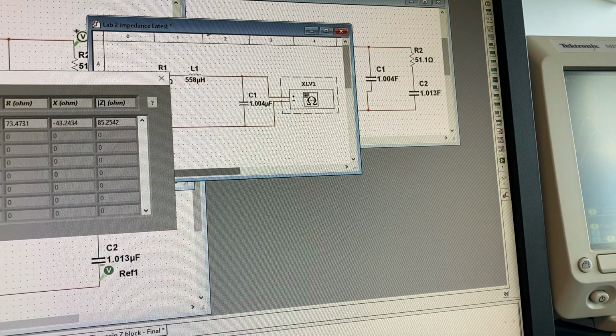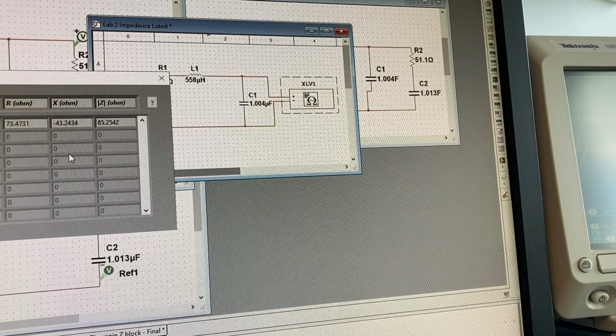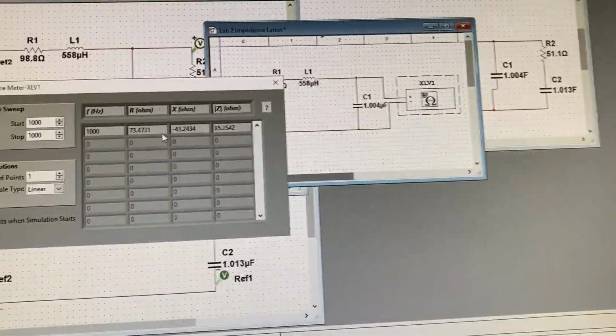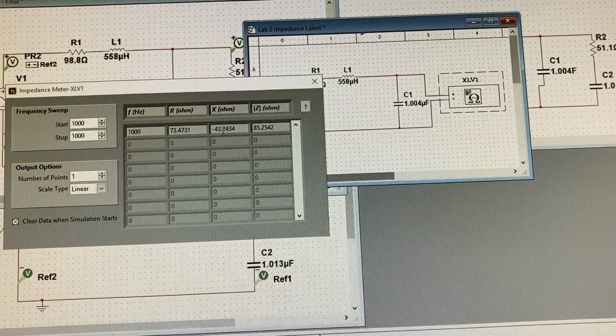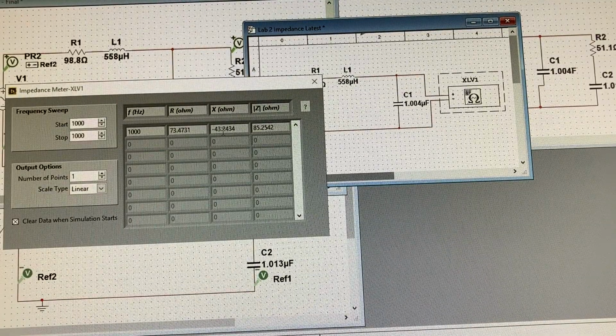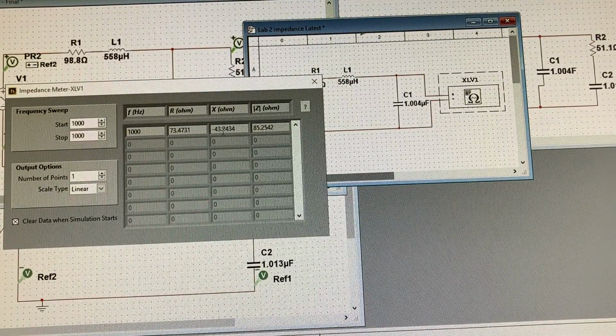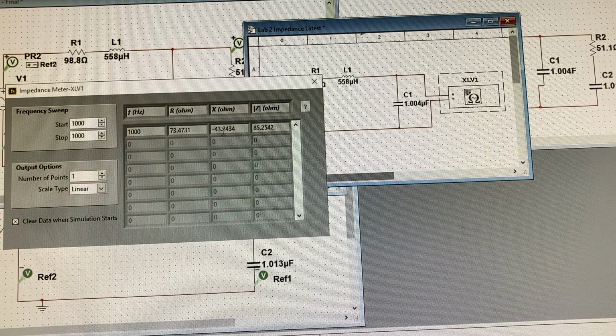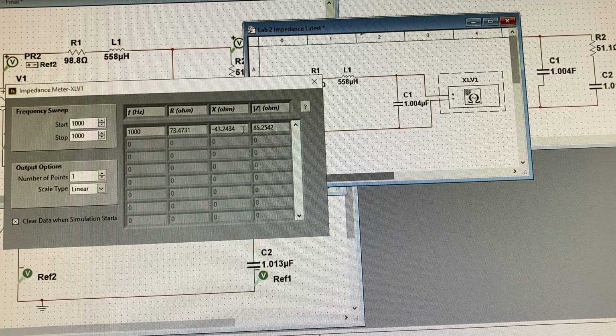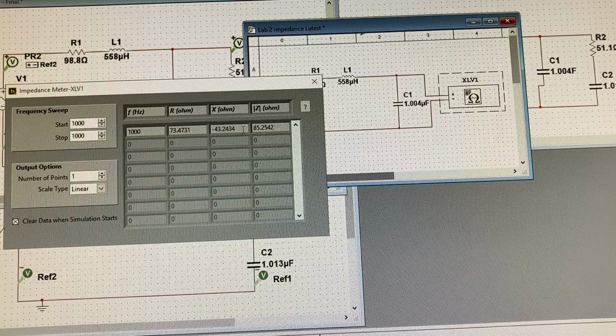I already have my parameters in here, 1000 hertz frequency. It tells me my resistance and reactance. When I measured this on the LCR meter, I got a very similar value. It was very close, almost exactly the same. These are the values that I'm going to use to determine my Z Thevenin.